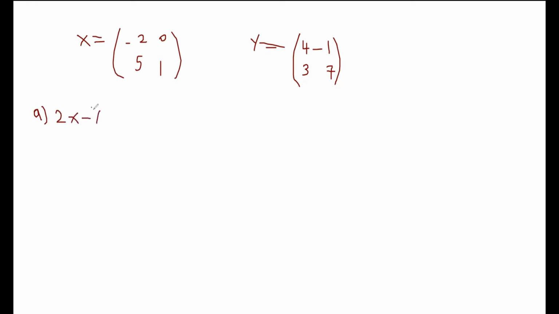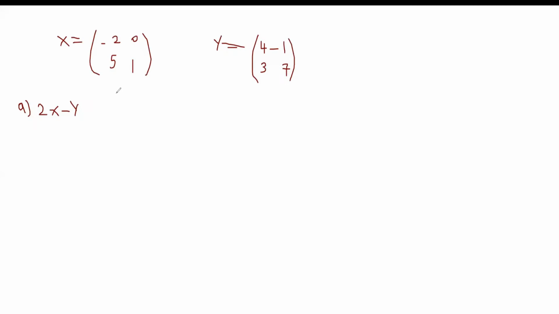So to find 2X minus Y, what we're going to have to do is multiply all the elements inside of X by 2. So that would be equal to 2 times all the elements inside of X. So it's 2 times minus 2, 0, 5, 1. And then we subtract the matrix Y, which is this right here: 4, minus 1, 3, and 7.